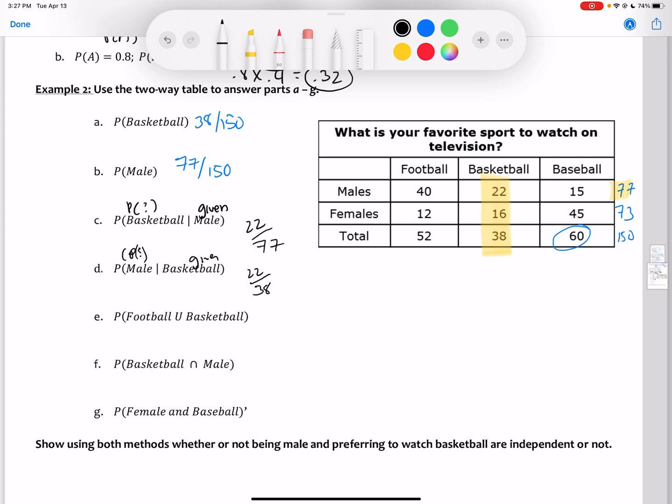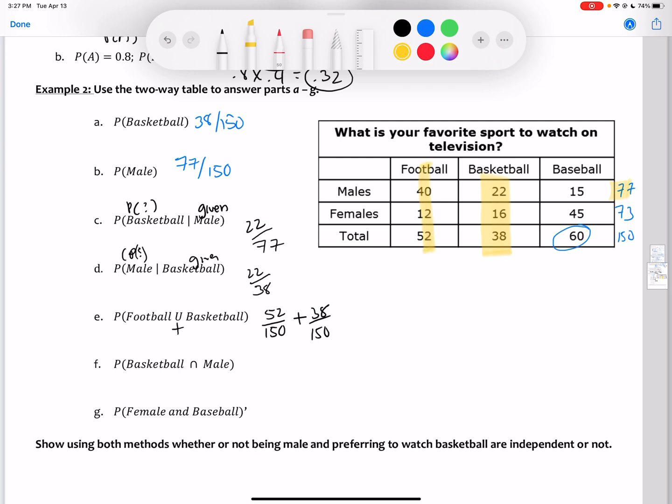Okay. Probability of football or basketball. So football is going to be 52 out of 150, or means add basketball, which is 38 out of 150. So you'll notice in this case, sometimes the or, if they're mutually inclusive, you have to subtract.